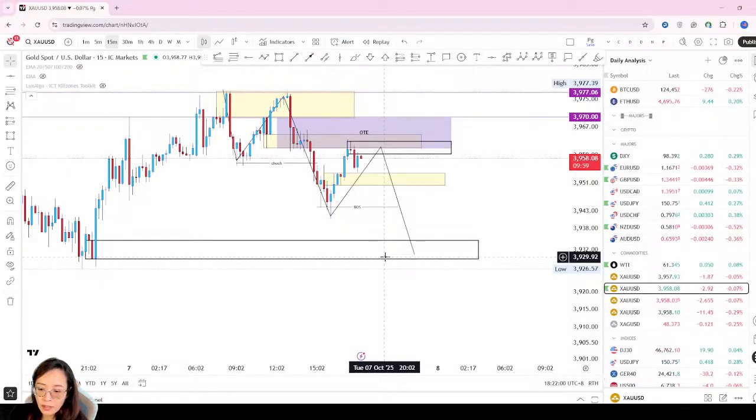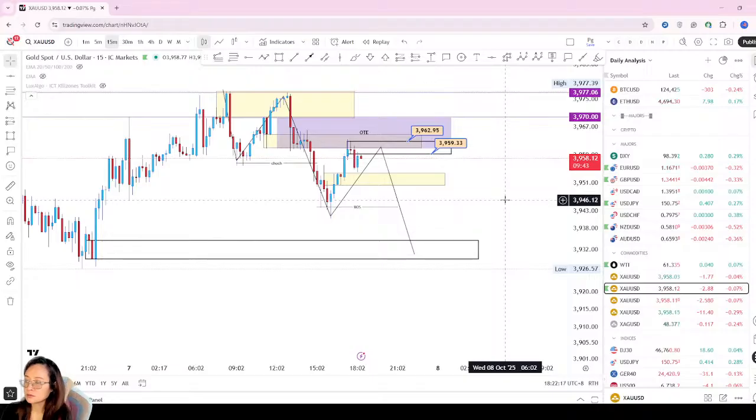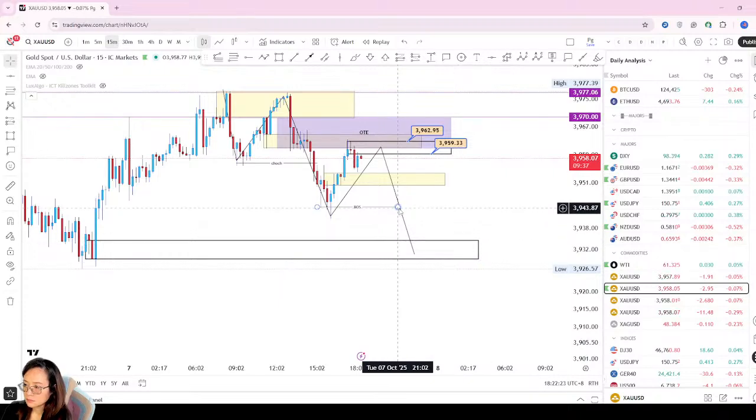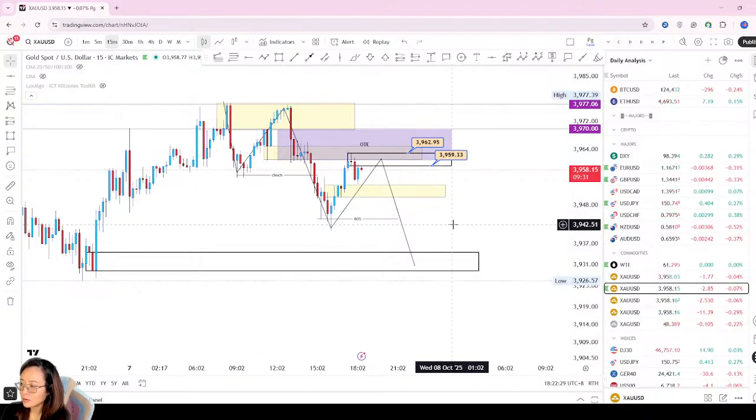Anybody want to request any pair? Gold is sell at 60, 59, 62. Anyone want to request, guys, besides gold?